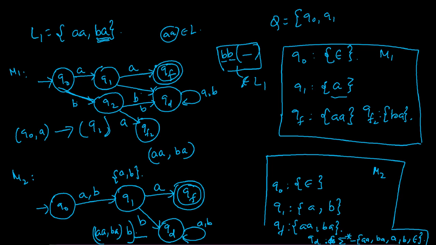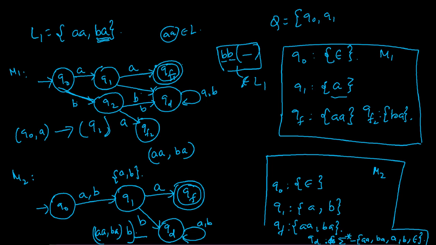Okay, so for Q1 also A and B are defined, for Q2 A and B are defined. What about QF1 and QF2? If you see any other symbol at QF1, the length of the string will become 3.